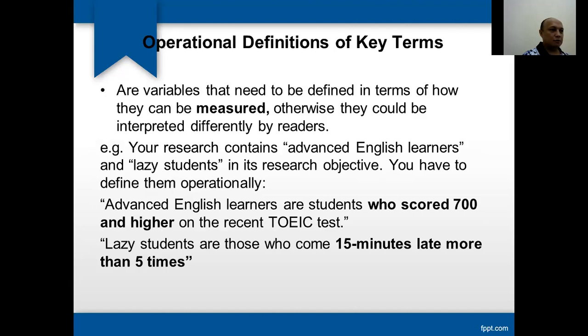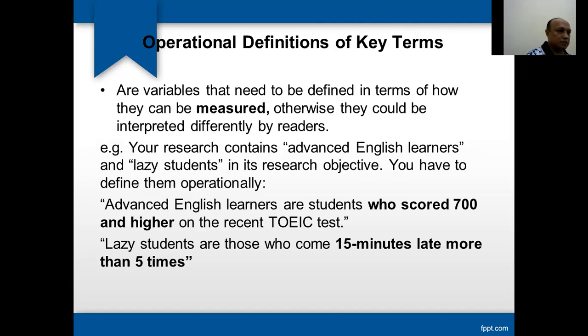This is done so that those variables will not be interpreted differently by readers. If they are interpreted differently, then it will ruin the focus of your research because everybody will have his or her own different interpretation. And you have to narrow it down so that everybody who reads your research will come to the same understanding, the same perception of the variables.